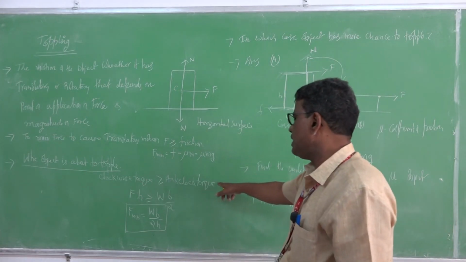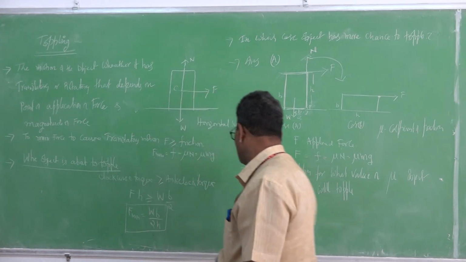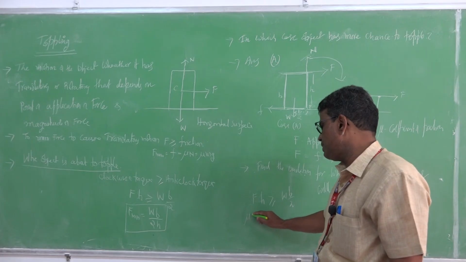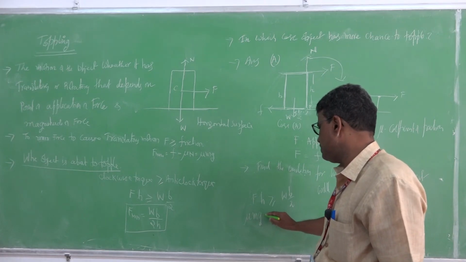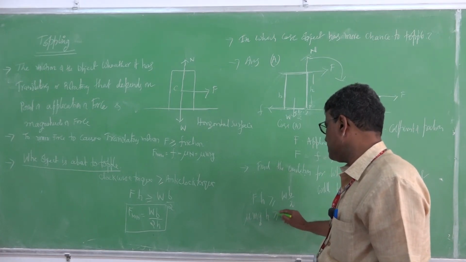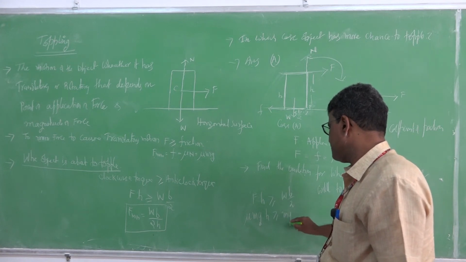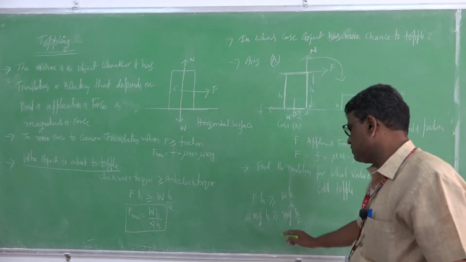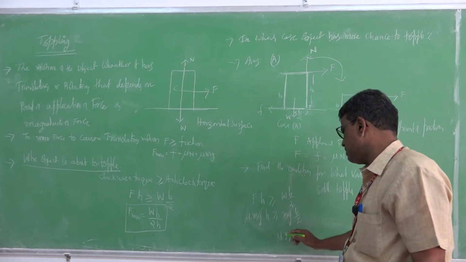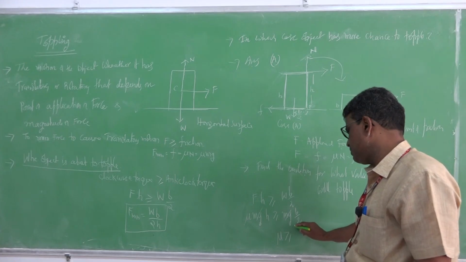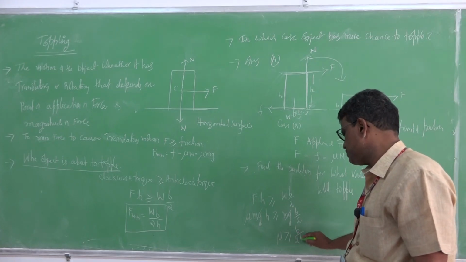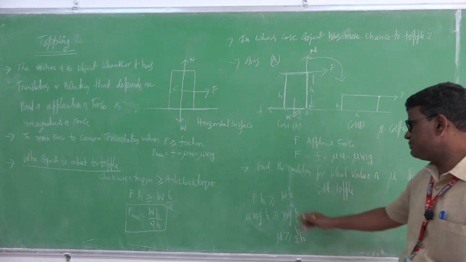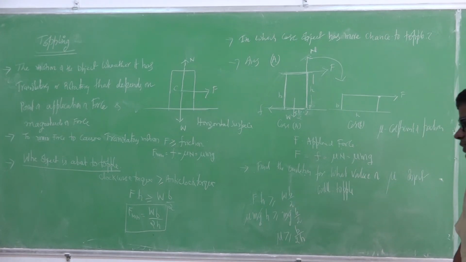If it is more than the anti-clockwise torque, the object is about to topple. So mu mg into h should be greater than or equal to the weight mg into b by 2. So mg gets cancelled. So mu should be greater than or equal to b by 2h. If this condition is satisfied, the object will have a chance of toppling.